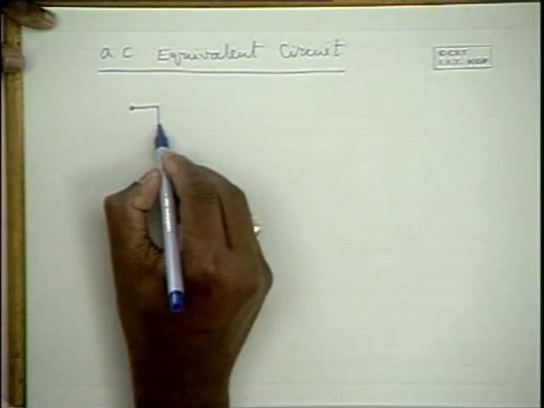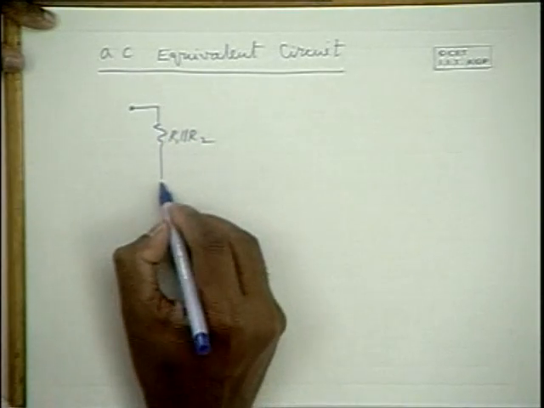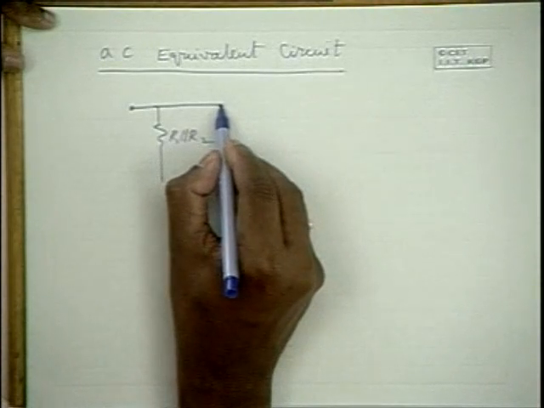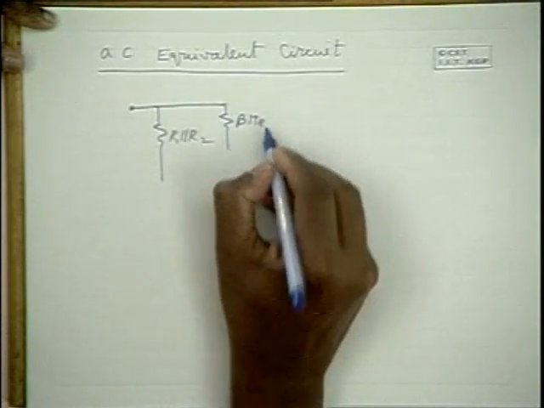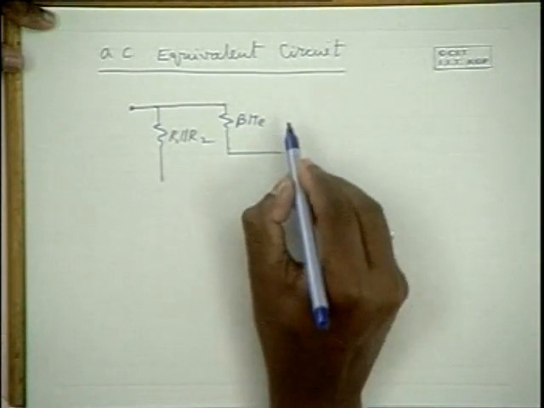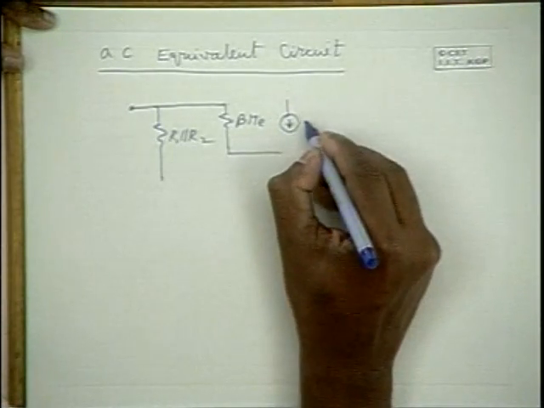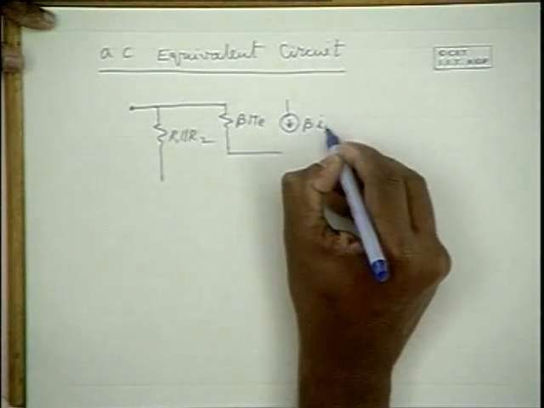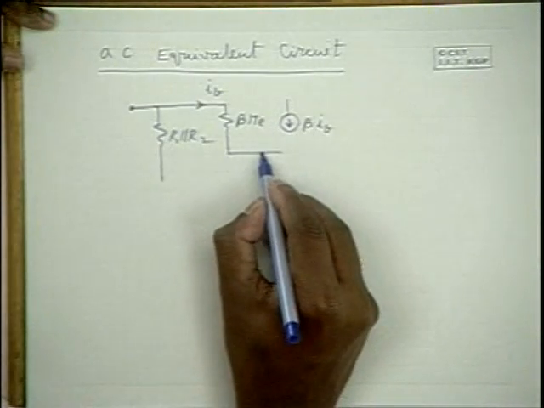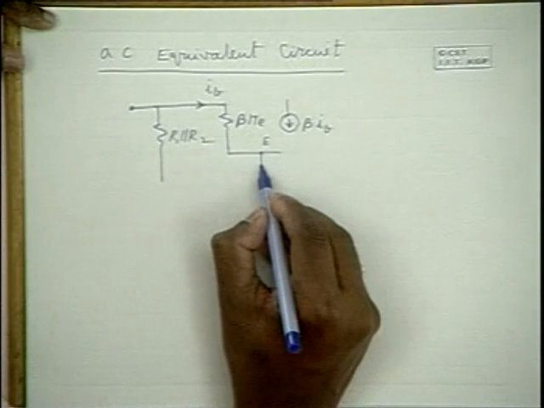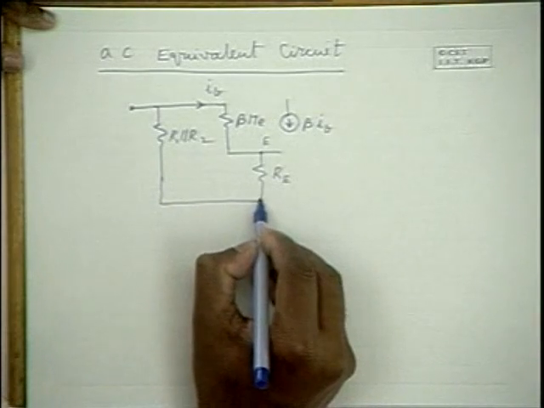So between the input and ground, we have R1 in parallel with R2, and between the base and emitter, we have beta Re as the resistance, and we have the current dependent current source beta IB, where IB is the base current, and between this emitter and the ground we have this Re, and all these are grounded.